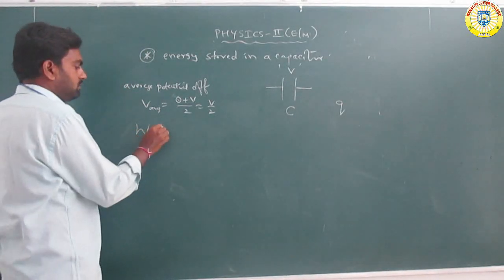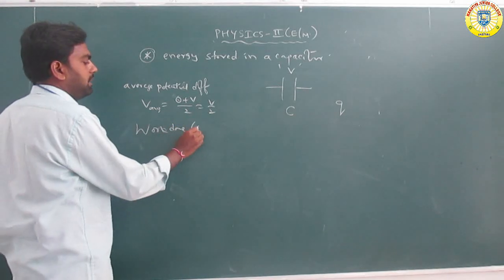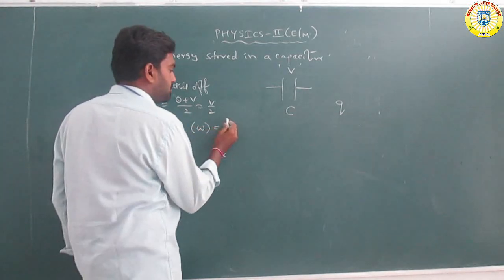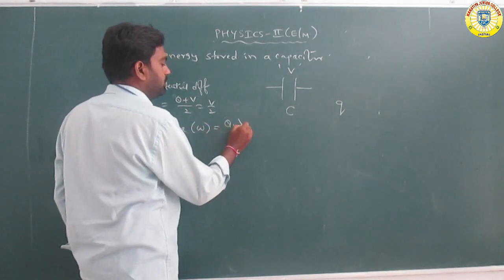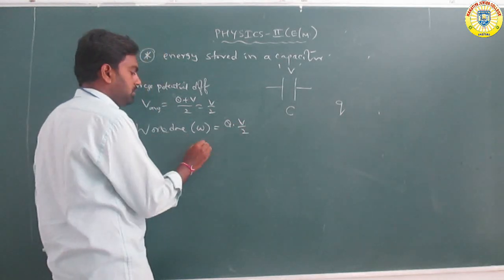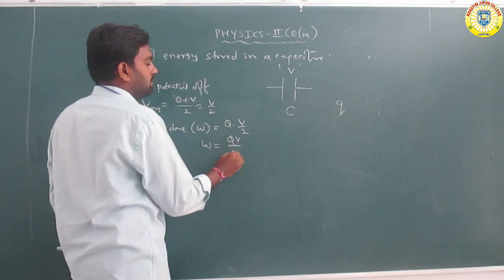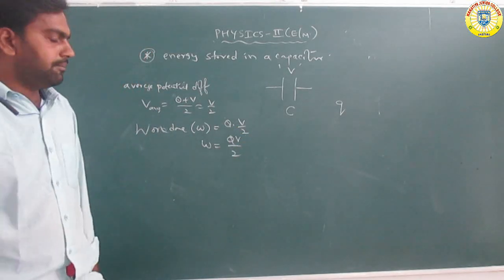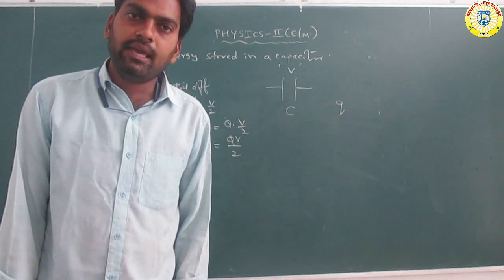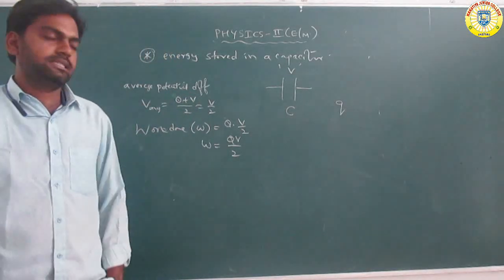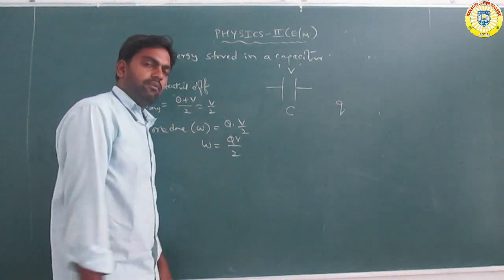Now, the work done W is equal to the charge Q into V by 2, so W is equal to QV by 2. This is called the total work done.